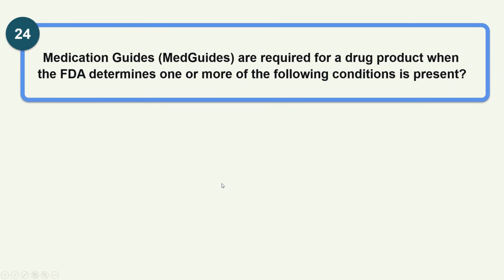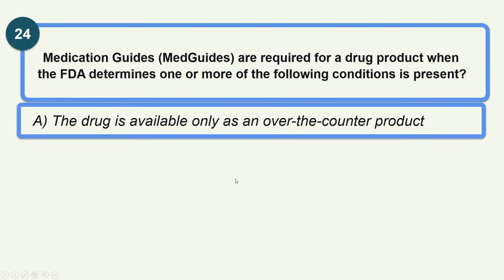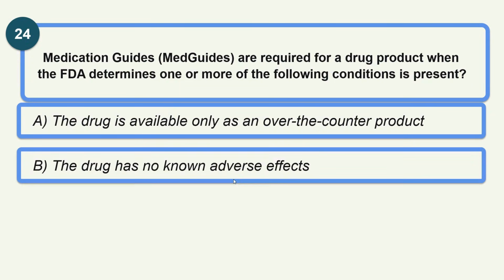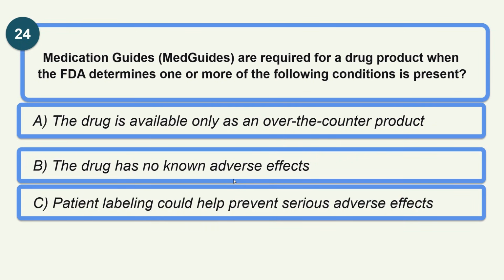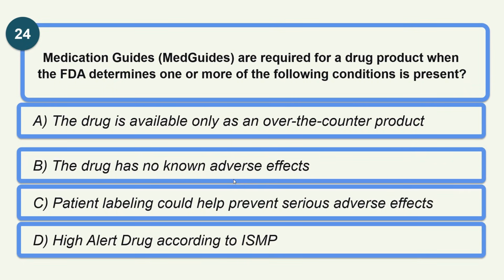Medication guides are required for a drug product when the FDA determines one or more of the following conditions are present. A. The drug is available only over-the-counter. B. The drug has no known adverse effect. C. Patient labeling could help prevent serious adverse effects. D. High alert drug according to ISMP.